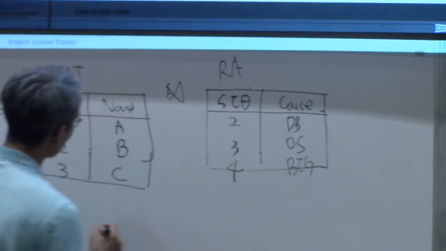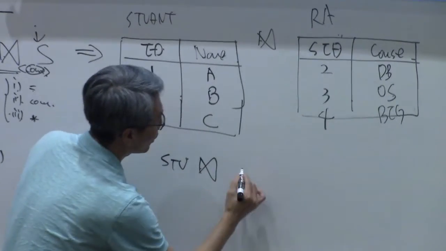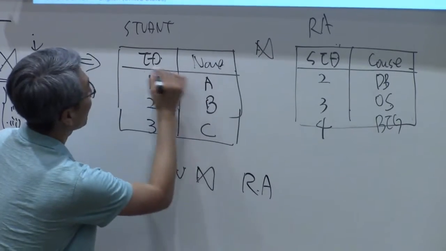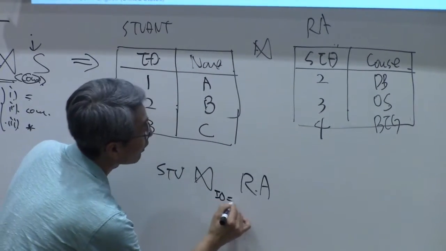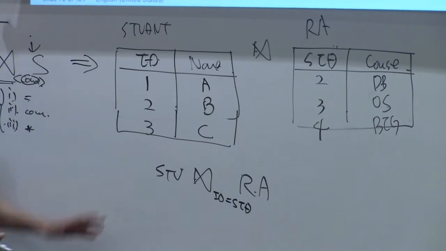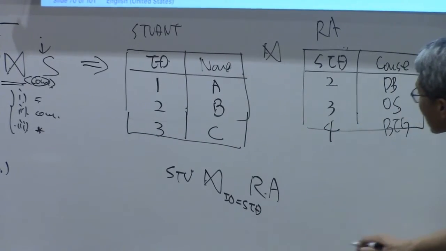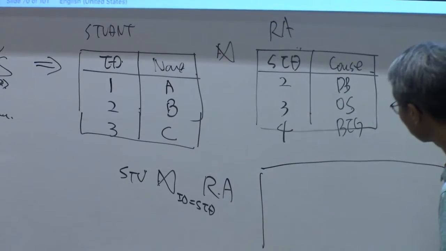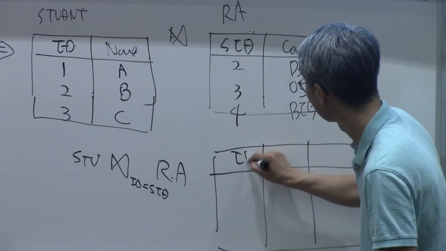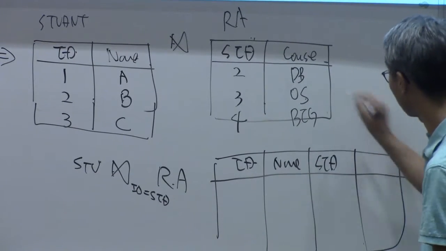So what we can do is, from student, we can join with RA, the relation, with ID equal to SID. So then we can get all the attributes. So what will be the output of this one? So we can join ID, name, student ID, and the course.